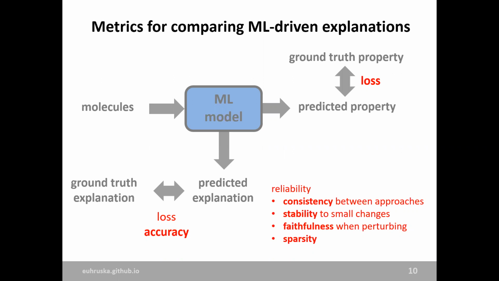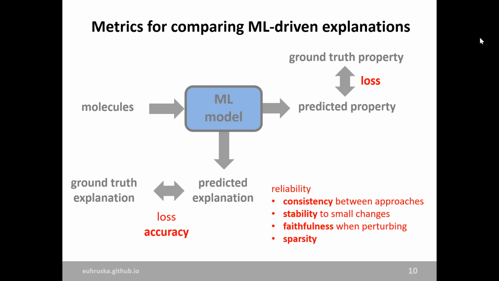But there are also other metrics where we can compare either the explanation between different models or the stability when making small changes, which is generally the reliability of the explanation prediction.